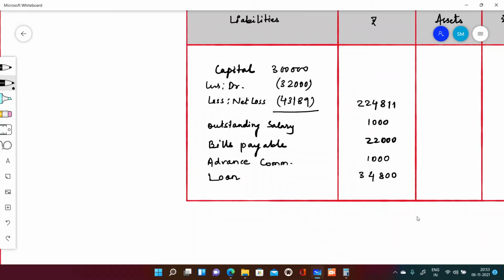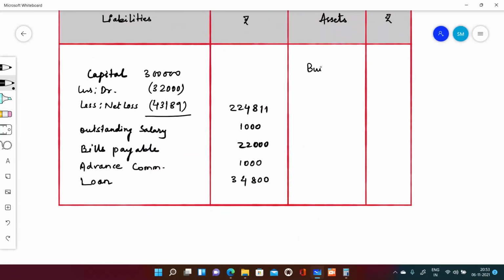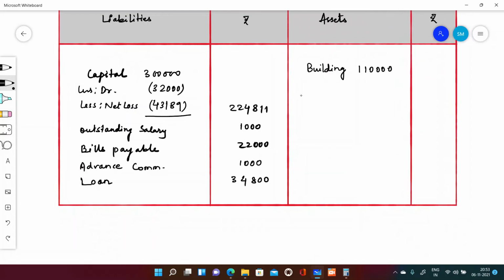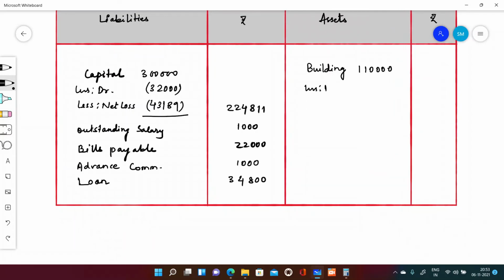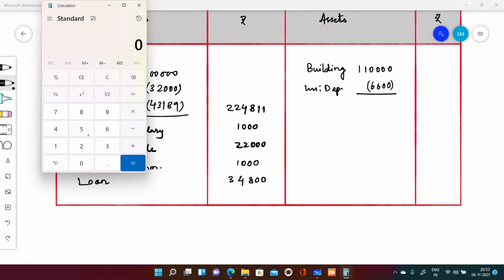Now we will go on to the asset side. Building, we have the historical cost of building is 1,10,000 less depreciation, that is at the rate of 6%, that is 6600, deducted from 1,10,000.